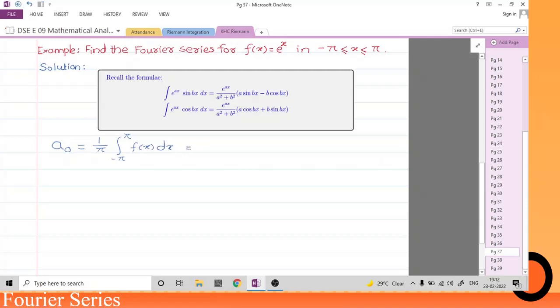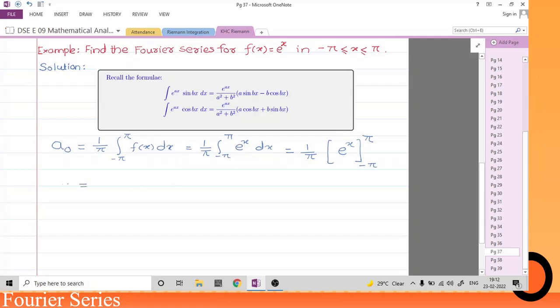Let us substitute the value of the given function. It will become integration from minus pi to pi e raised to x. Now this is very simple integration. Integration of e raised to x is e raised to x, so we have to only substitute the upper and lower limit.